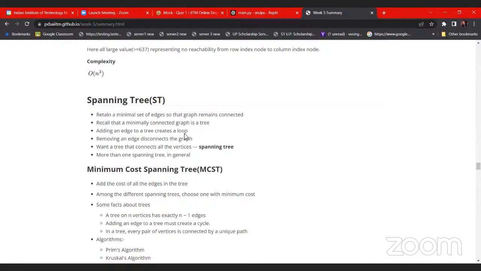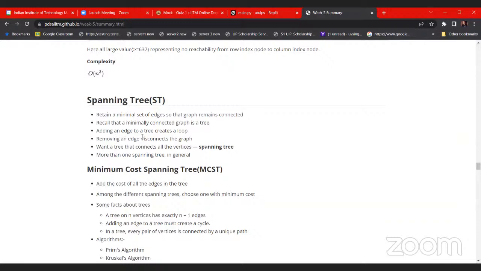A tree has some definitions. In a tree, no cycle is possible. So after removing edges, we keep the minimal set of edges so that the graph remains connected. That is called a tree. Recall that a minimal connected graph is a tree.